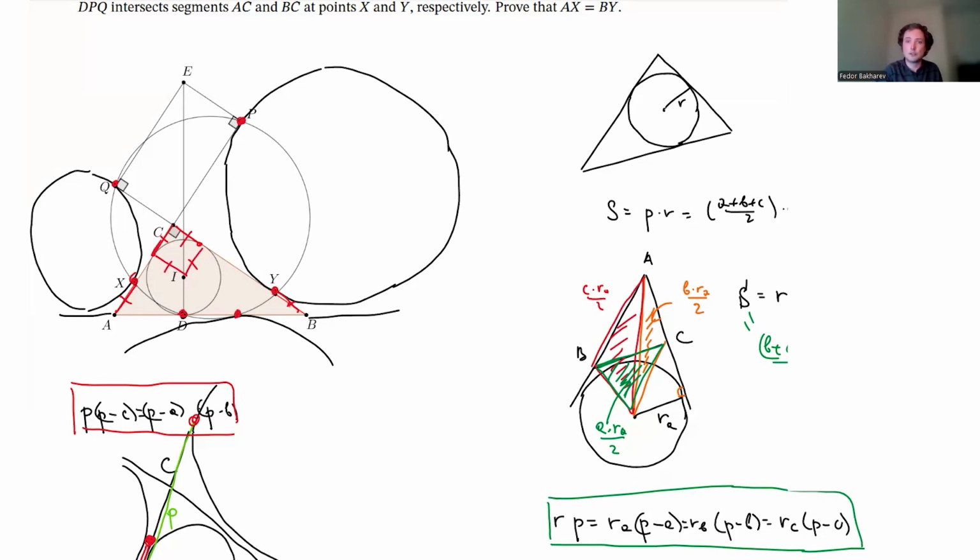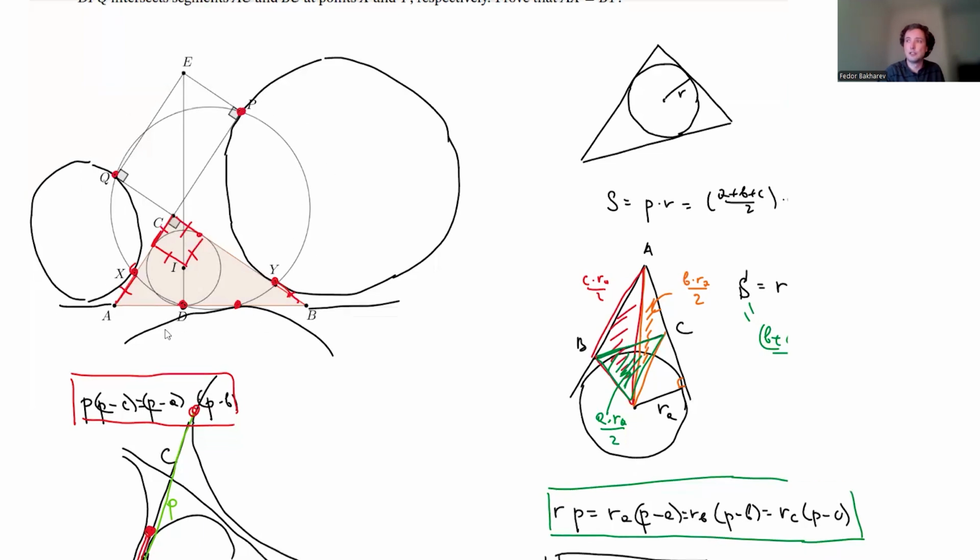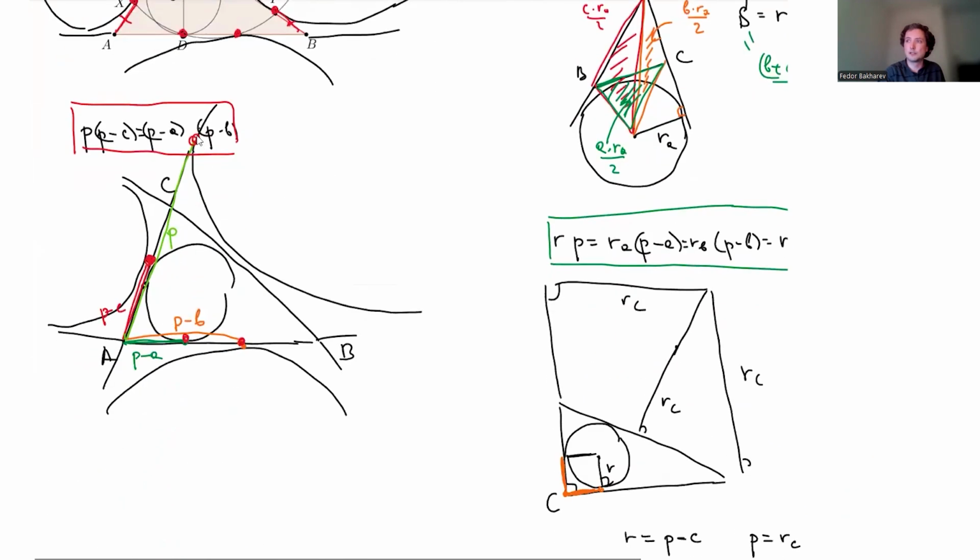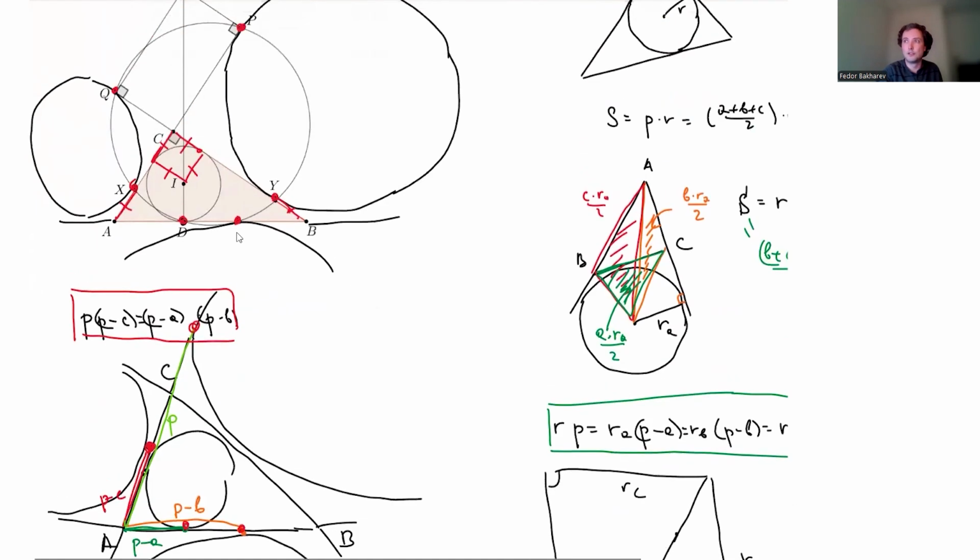So now how could we proceed to the problem? First of all, we should prove that all tangency points lie on a circle. For 4 of these points, I proved it using this identity, and I leave the rest to you.